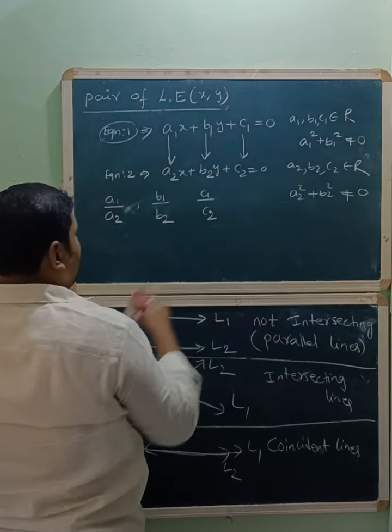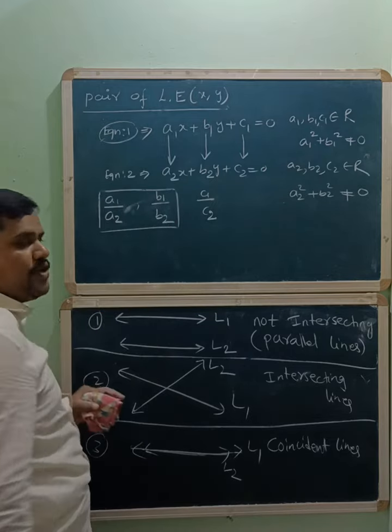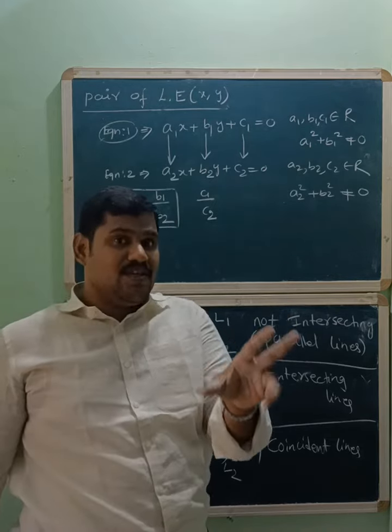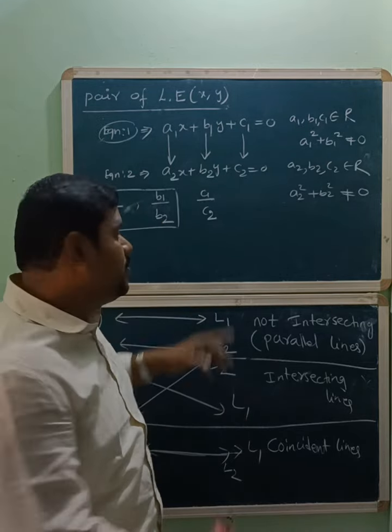First observe the first two ratios, that is a1 by a2 and b1 by b2.